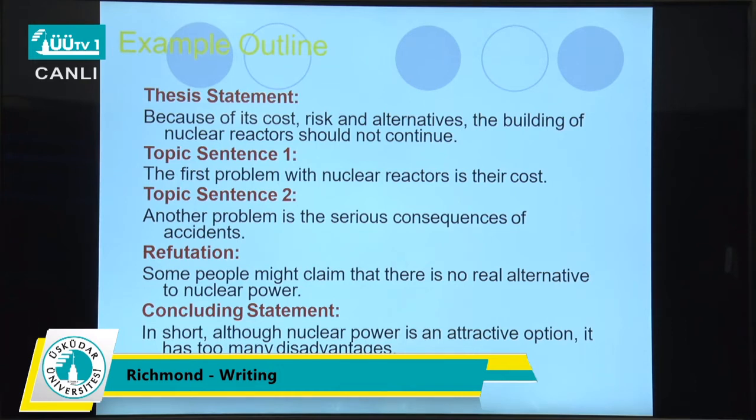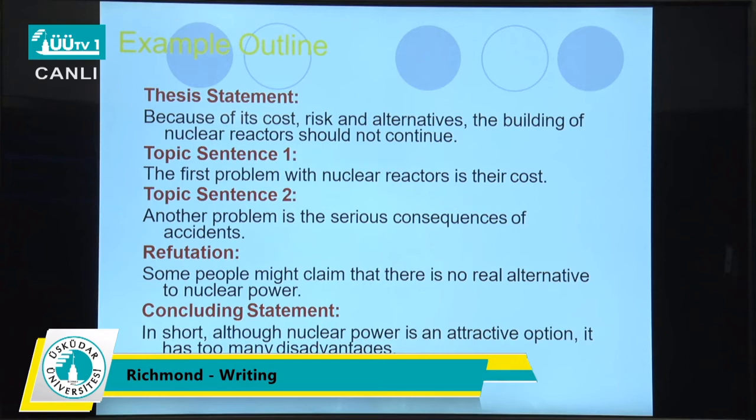So, in the thesis statement, we put our argument on the table. And after that, in the following two paragraphs, we give reasons for our thesis, we support our thesis, and in the following refutation paragraph, we explain the other side of this opinion.